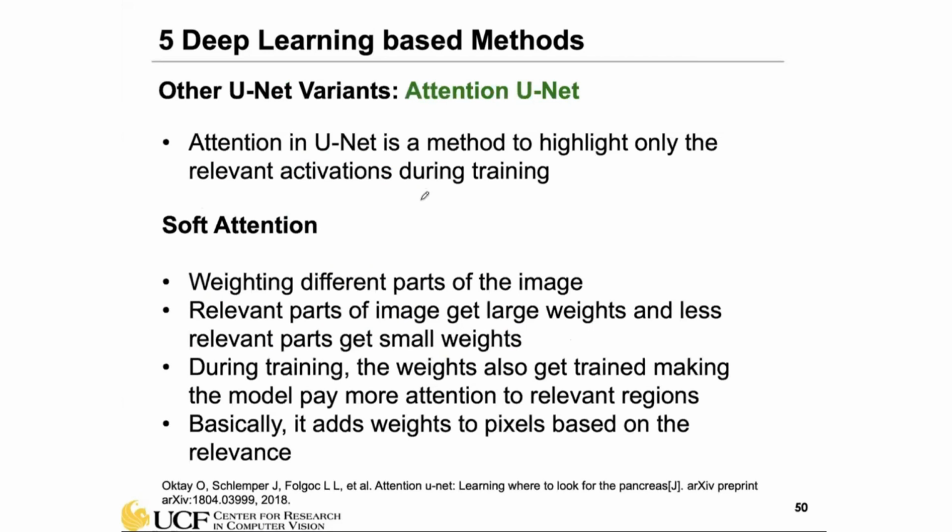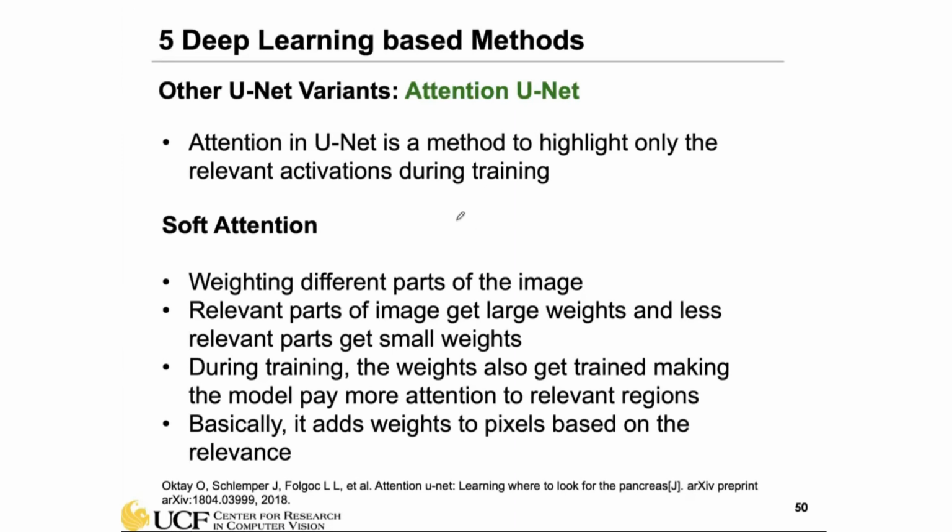Okay, so another variant is the attention UNet. When we talked about the attention mechanism and the transformer architectures, we introduced what this attention mechanism is used for. Basically, attention is trying to highlight some of the relevant regions or activations during the training.